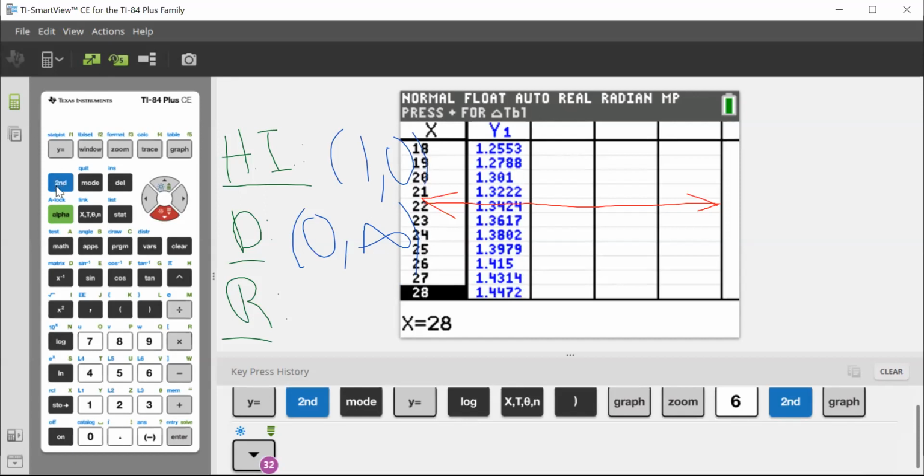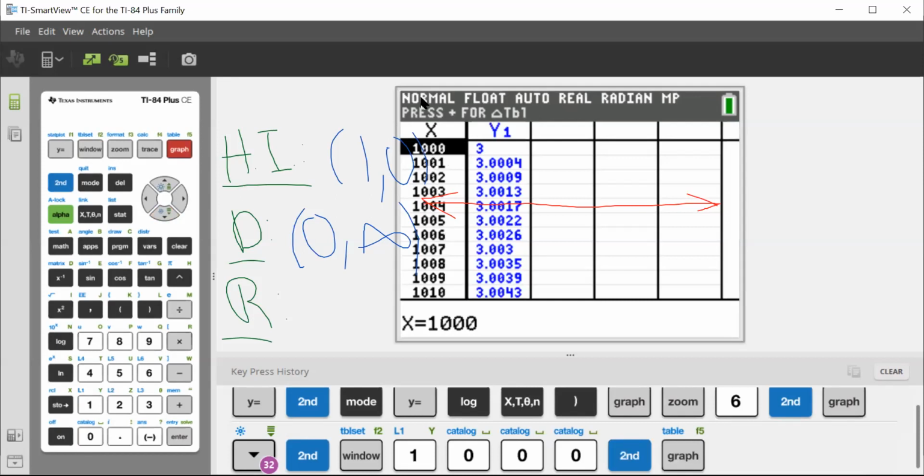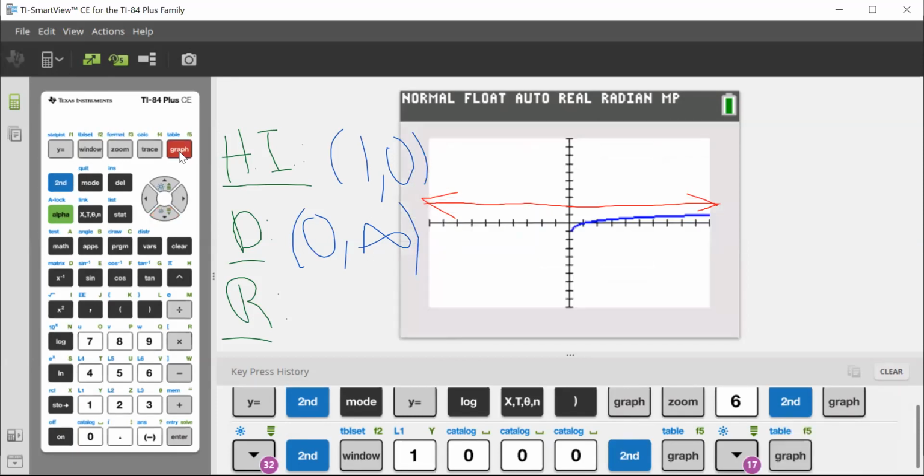In fact, if I change where my table starts, say I make it start at 1,000 rather than at 0, notice at 1,000 the outputs have only grown to 3, and they're continuing to grow from there. So this function continues to grow bigger and bigger, just very slowly. What that tells us about the range is there's actually no bound on it. So our range is going from negative infinity up to positive infinity.